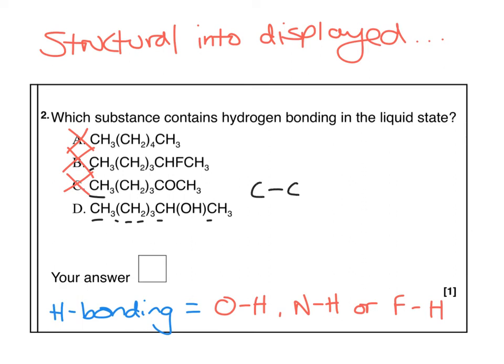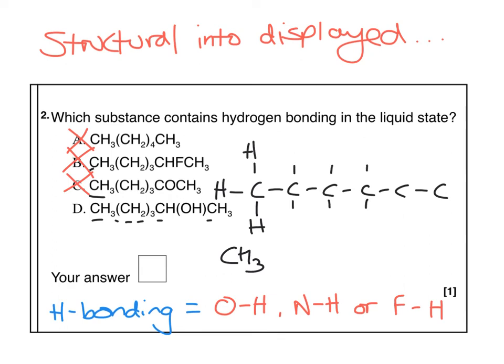That makes sense, they're all 6 in the question. So I've got my CH3 because it tells me in my structural formula. Then I've got 3 CH2s. There's 1, there's 2, there's 3. I'll put all the H's on because otherwise it's sloppy.